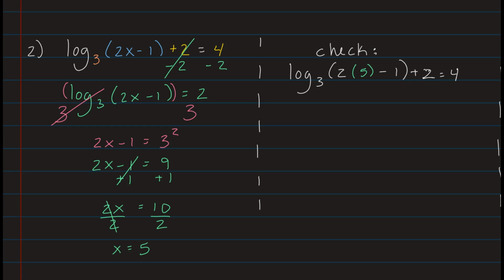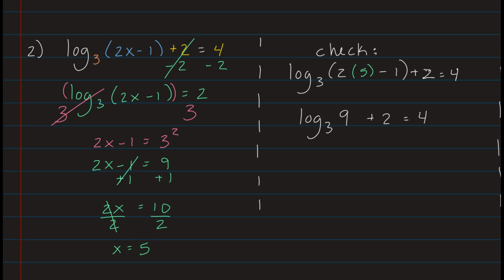All right. So first thing I'm going to do is simplify my argument. 2 times 5 is 10, minus 1 is 9. So I have log base 3 of 9 plus 2 is equal to 4.